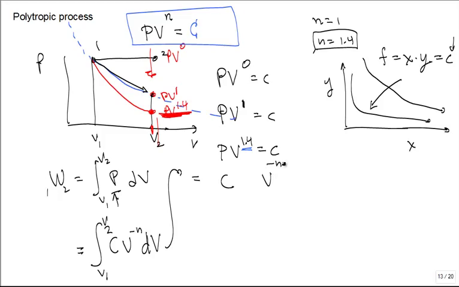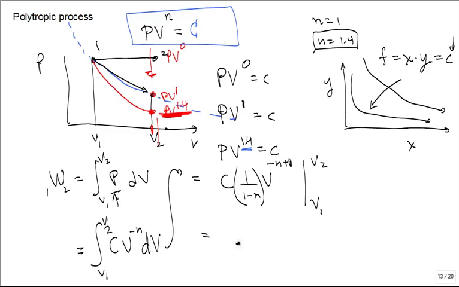V to the minus N plus what? Minus what? Plus 1 here. Okay. And then what do we put over here? Is that it? Thumbs up if you agree. Okay, don't be steamrolled if you disagree. You're ready to go. Now we evaluate that at V1 and V2, correct?